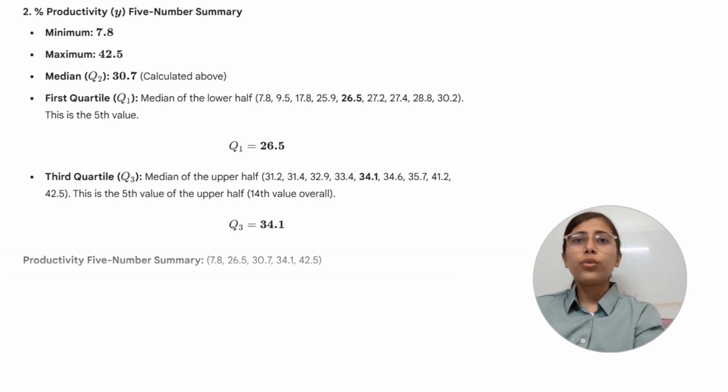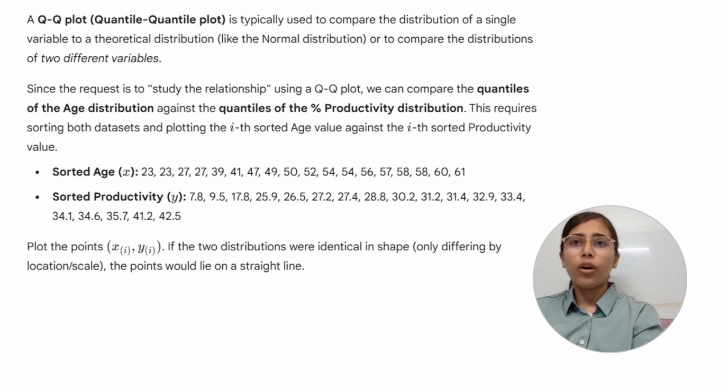Now a QQ plot, which is a quantile plot, is typically used to compare the distribution of a single variable to a theoretical distribution like the normal distribution, or to compare the distributions of two different variables. Since the request is to study the relationship using a QQ plot, we can compare the quantiles of the age distribution against the quantiles of the percentage productivity distribution.